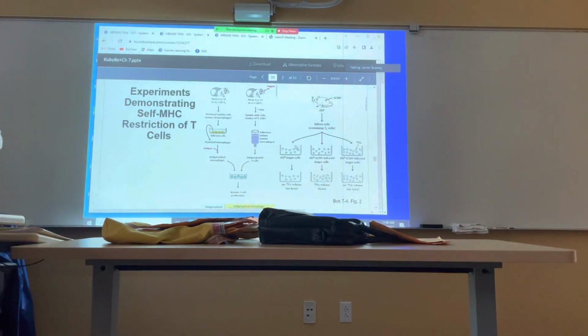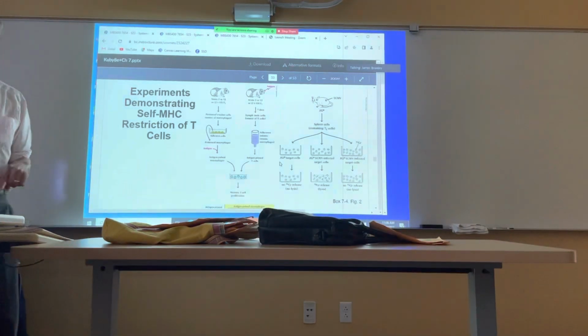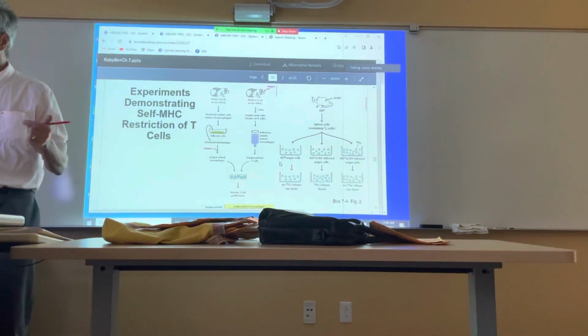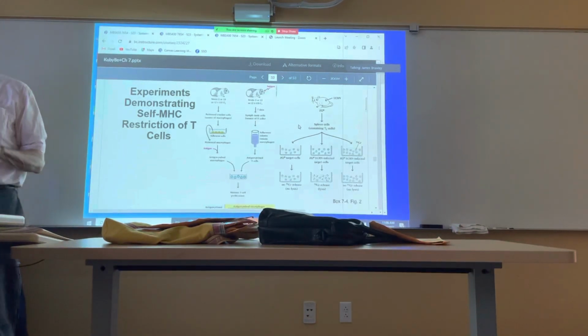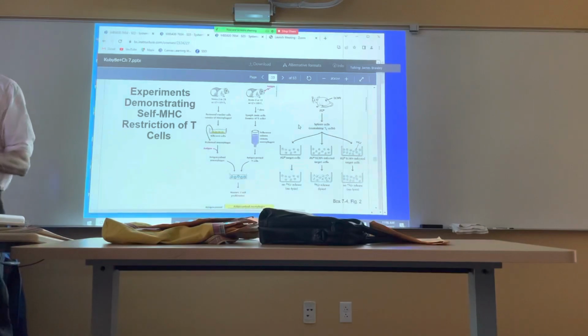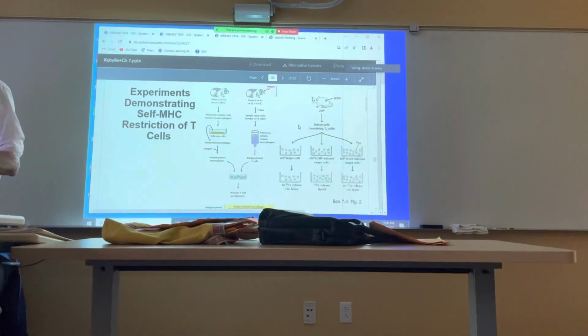And control target cells that are not infected, no killing, not a surprise. Because these T cells, these killer T cells, were stimulated with the virus.